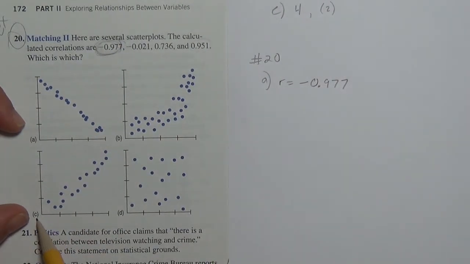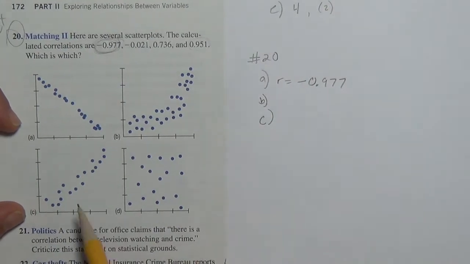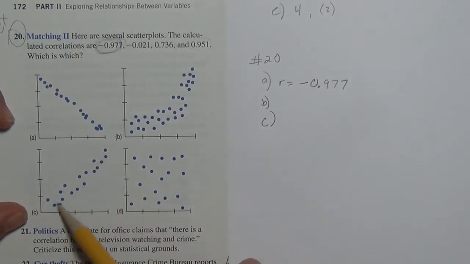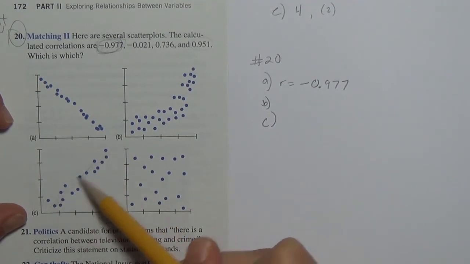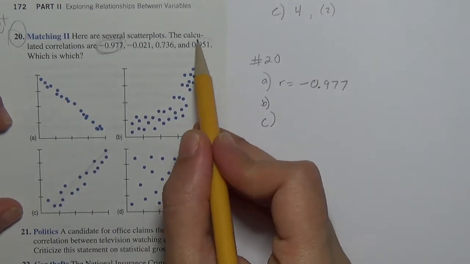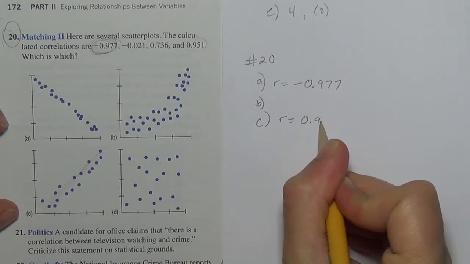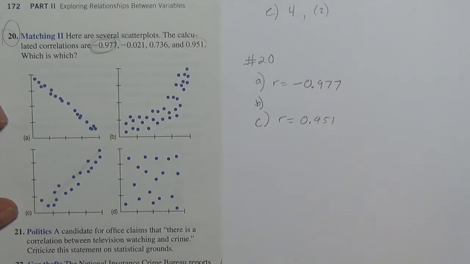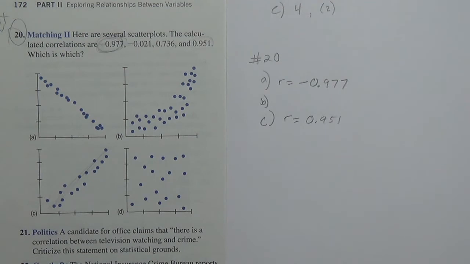And then for scatter plot C, this one is also linear, but it's going to have a positive value of r because it has a positive direction. The values are increasing as you move left to right. So that's going to have the value of r being positive 0.951. So those values are close to 1 and negative 1, so strong linear relationship.